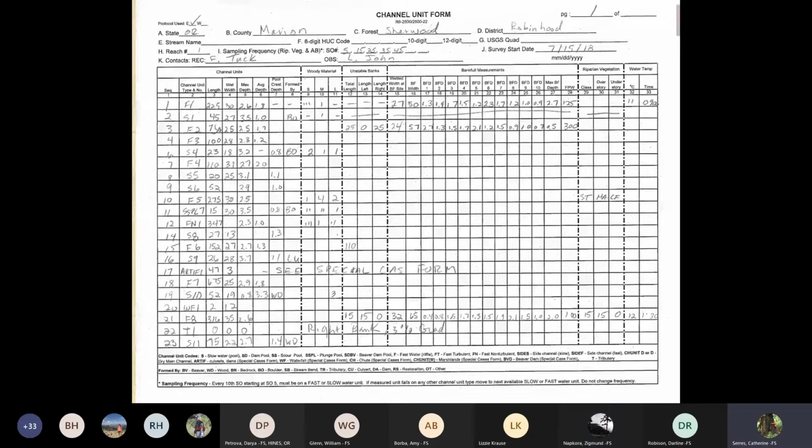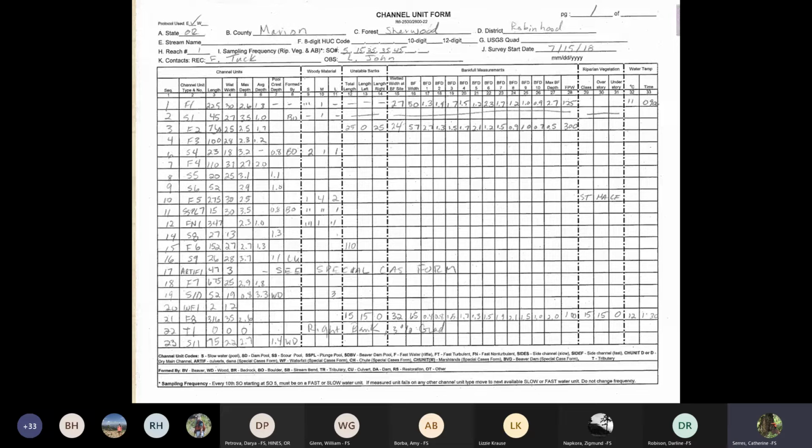That's the one thing that if you do have a plunge pool, especially if it's wider than it is long, you actually put plunge pool in there. Plunge pool in the notes, in the rest of the line there, you mean? No, I would actually code it, because SSPL is the code for plunge pool.